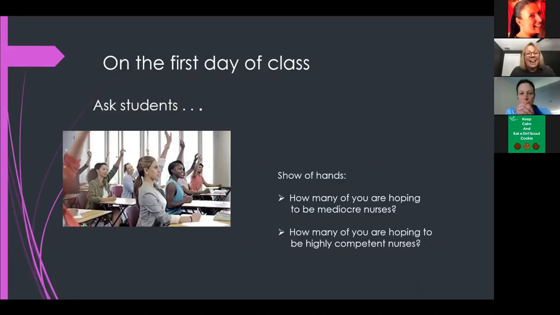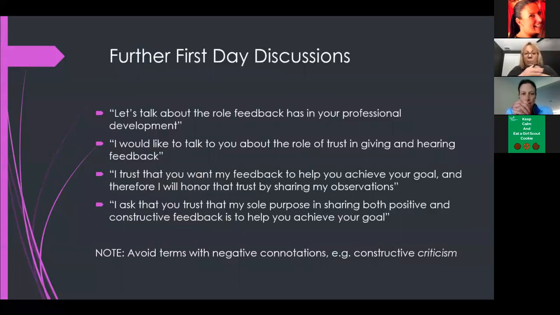And of course, nobody raises their hand. And then the second question is, how many of you are hoping to be highly competent nurses? So of course, everybody raises their hand. So basically what they do is they have further discussions regarding feedback and what the role of the feedback is.